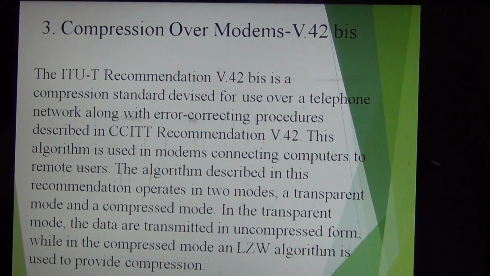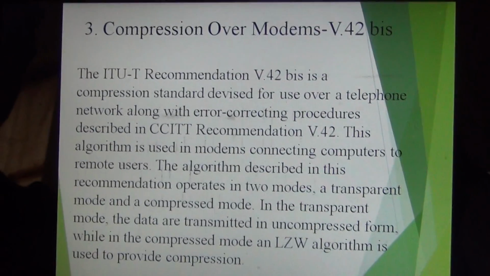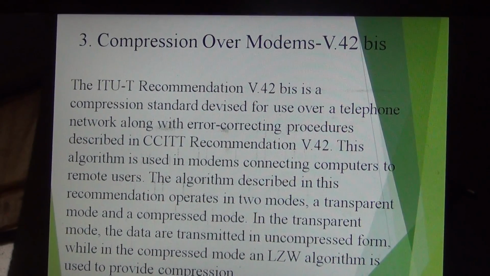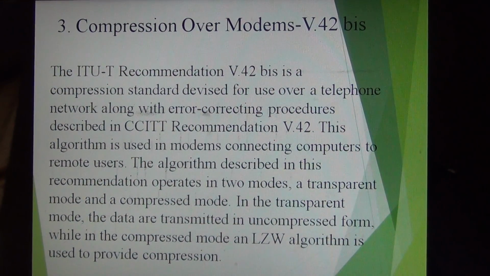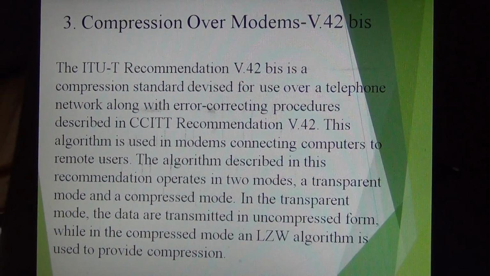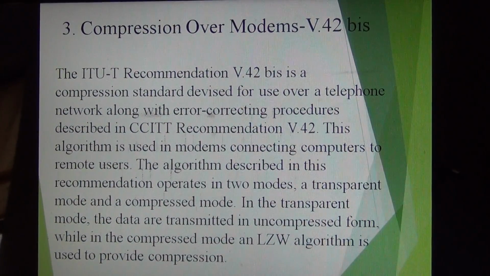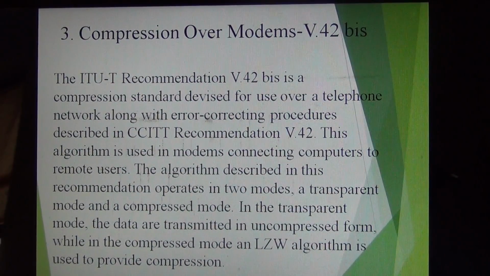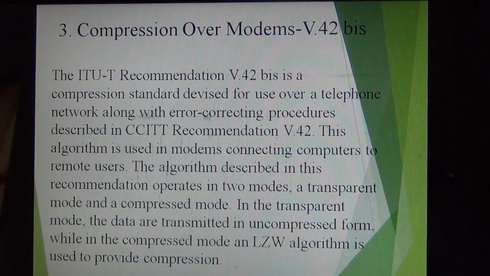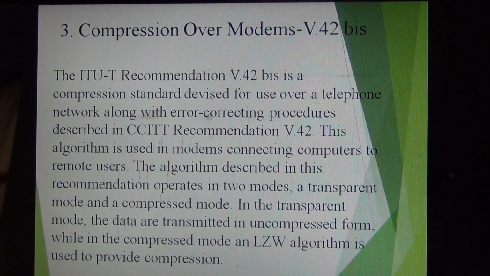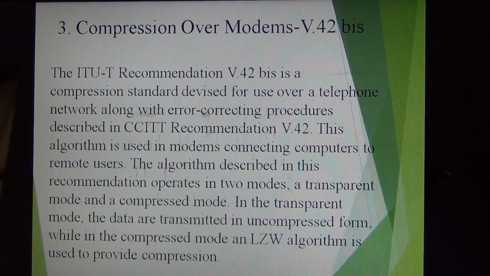Now we will discuss another topic, that is compression over modems, version V.42 bis. The ITU-T recommendation V.42 bis is a compression standard devised for use over a telephone network, along with error correcting procedures described in CCITT recommendation V.42.